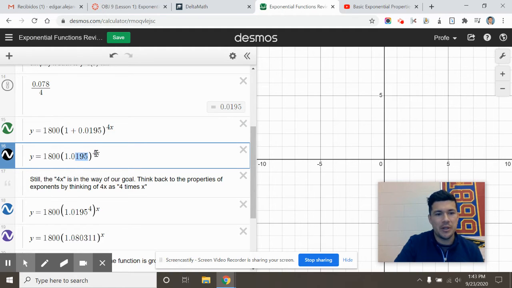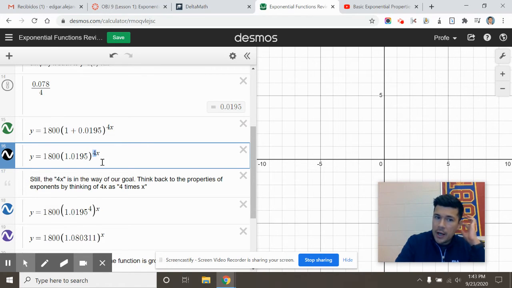It's not a b value because your exponent is not x. Your exponent right here is 4x, meaning that 4x indicates that you're compounding. For example, if normally these are functions of time, a 4x would mean that you're compounding 4 times a year, in other words, once every 3 months. So you could say 1.95% every 3 months, but we're really looking for yearly.